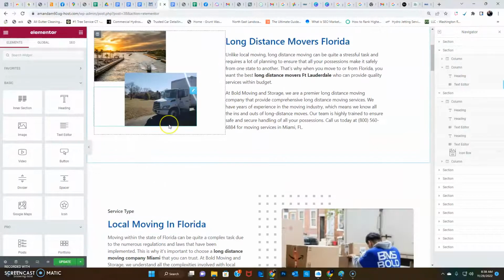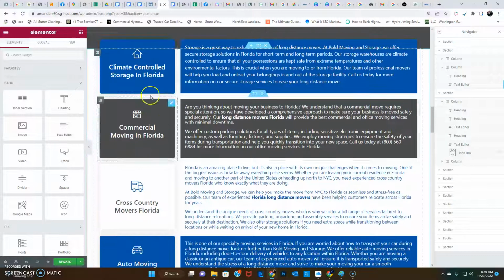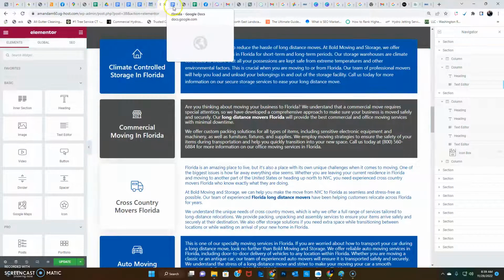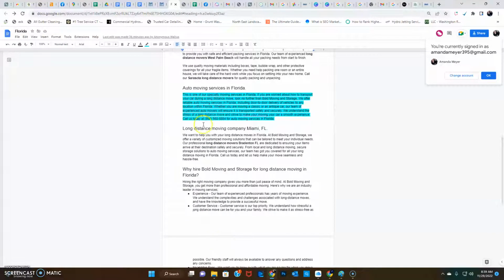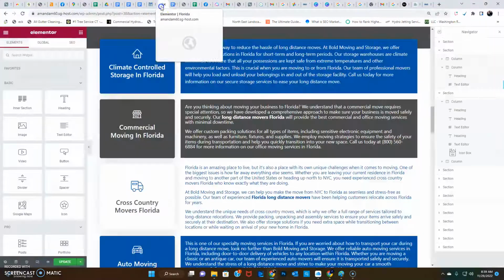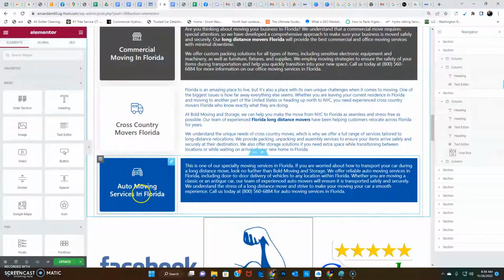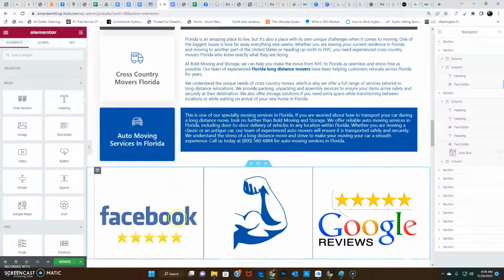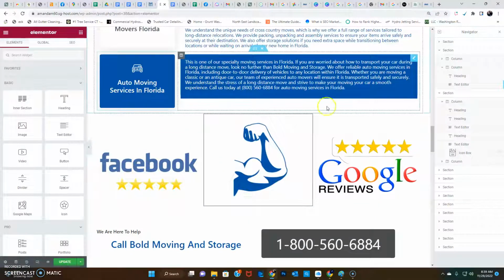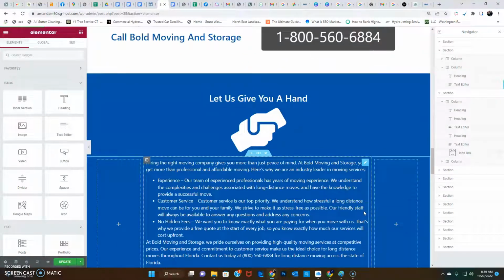So we want to go back and do storage, packing, auto, long distance. Okay, perfect. So we've got 4 spots for those 4 that we just saw. So those will fit there. These are good. This is good.